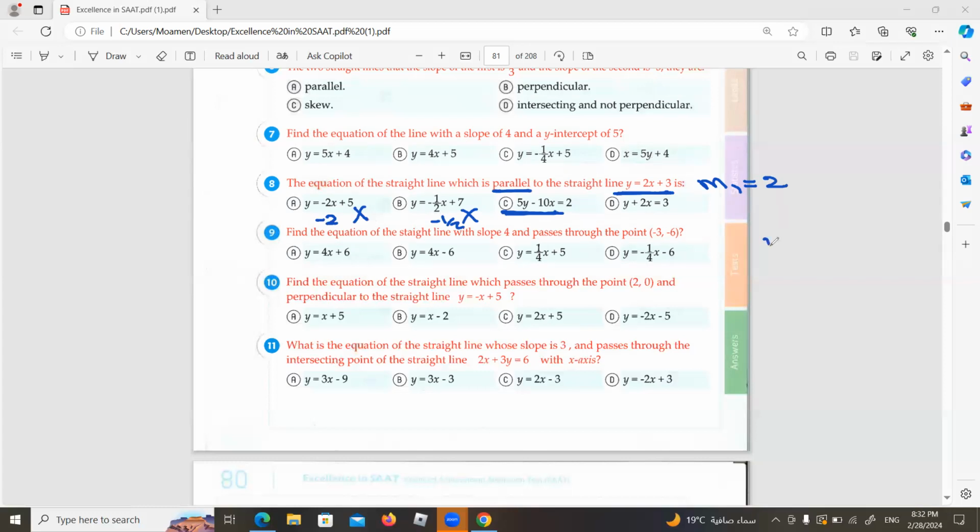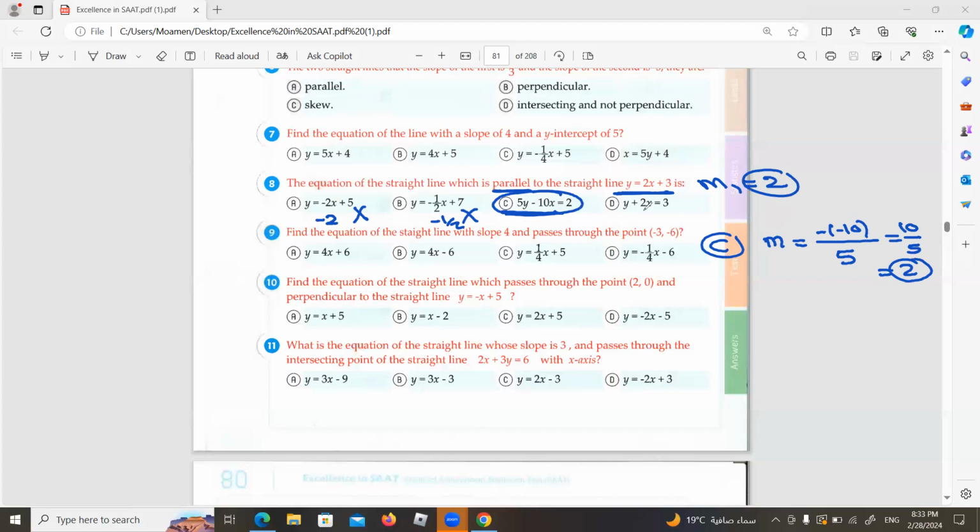So the slope of letter C is -(-10) over the coefficient of y, which is 5. So -(-10) means positive 10, 10 over 5, which means 2. Oops, you have here 2 and you have here 2. So the result will be letter C.